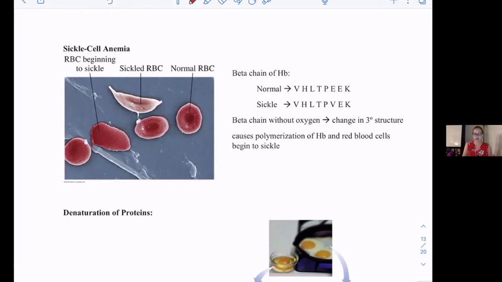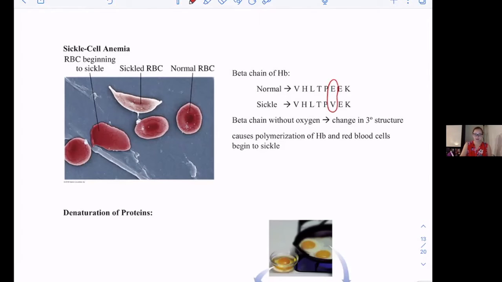If we look at the actual protein chains, and HB stands for one of the specific proteins in hemoglobin, and we look at a small portion of hemoglobin, there's actually a change in the primary structure here.